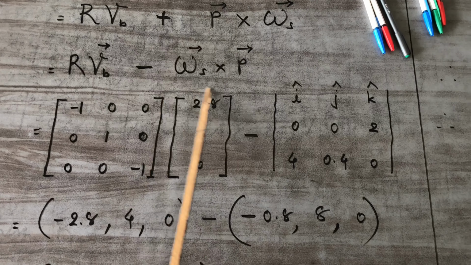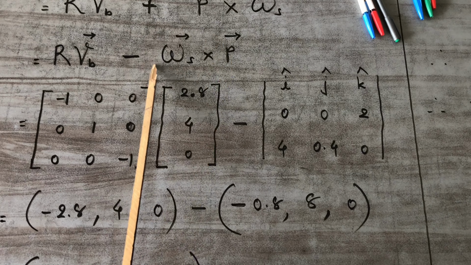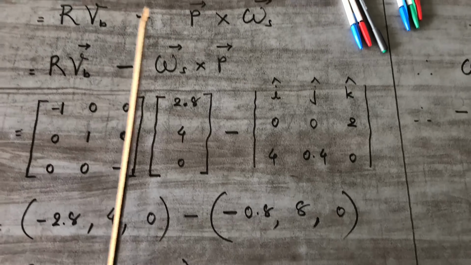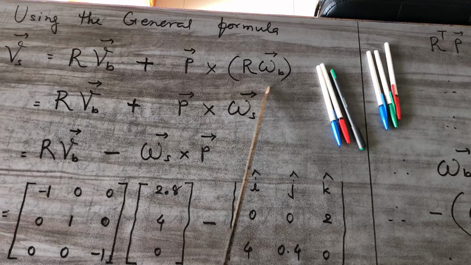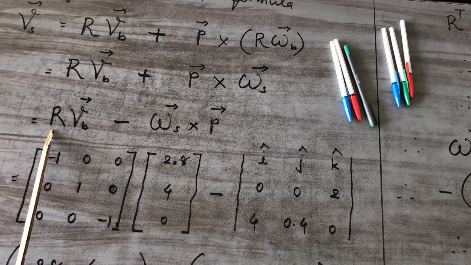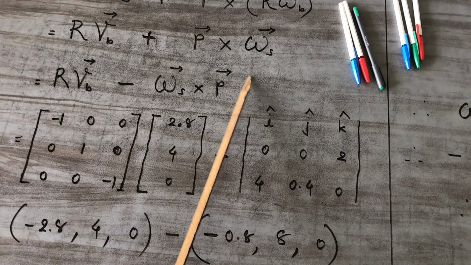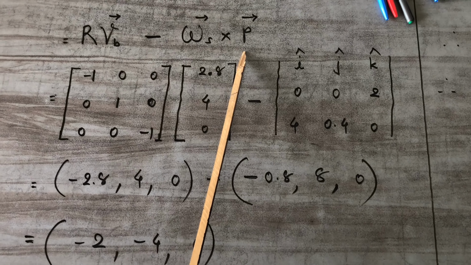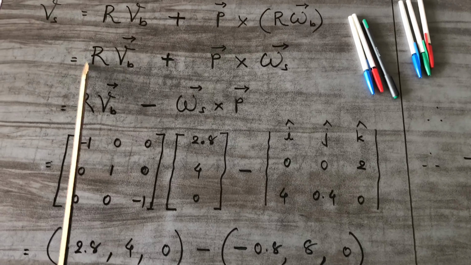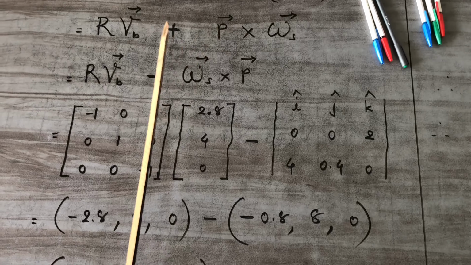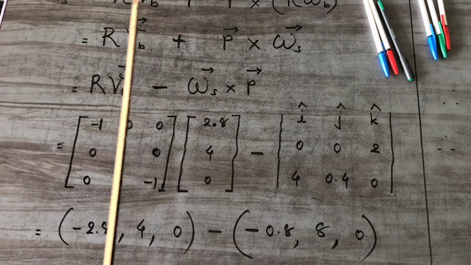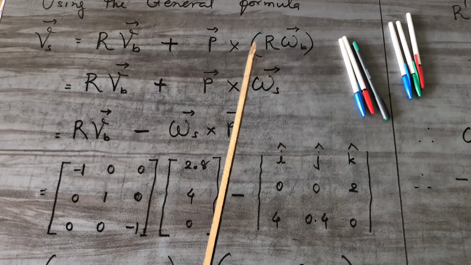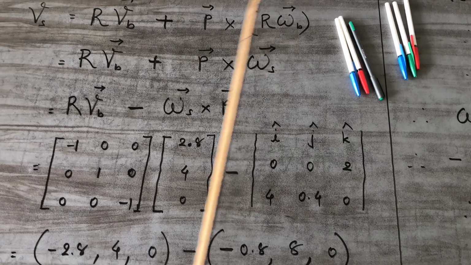Linear velocity of the body's origin due to rotation. We have to subtract it. Actual formula generally in book is written this way. So actually to confirm, this one is more comfortable. So RVB minus omega s cross p. So if you reverse the order, RVB plus p cross omega s, or omega b.